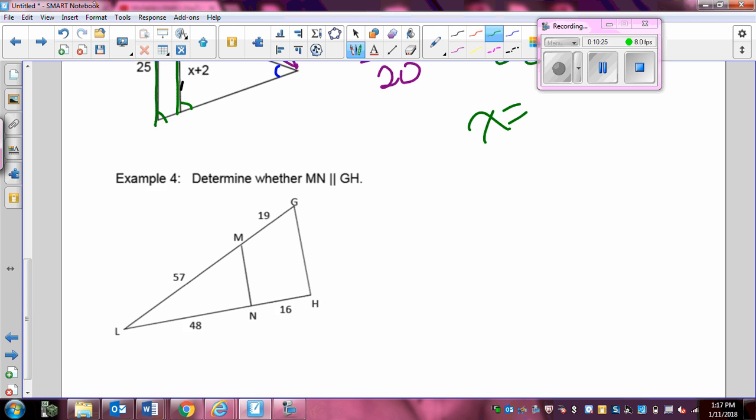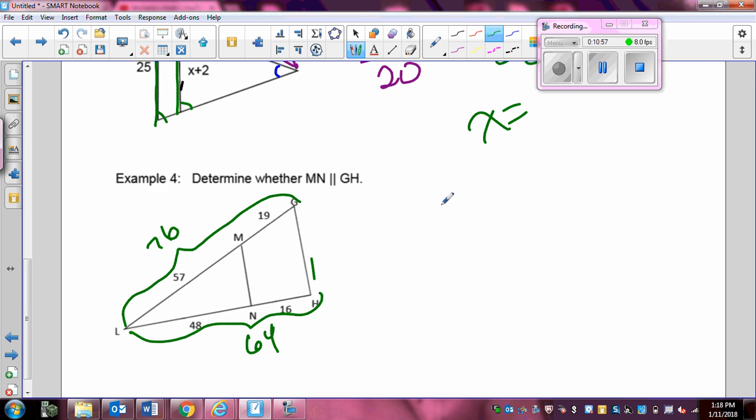So this one says determine whether they're parallel. I can tell you for sure that they're parallel if these triangles are similar. So let's look and see if they're similar. We need the big triangle side, so I need this whole side, right? Which is 57 plus 19, and that is 76. And I need this whole triangle side, which is 48 plus 16, and that is 64.